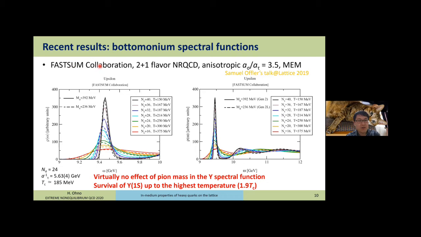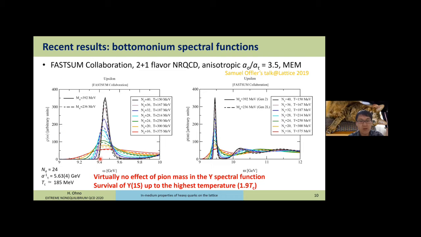Here I show results from the so-called FASTSUM collaboration, who now use full QCD configurations with NRQCD. Here I show some epsilon spectral functions.